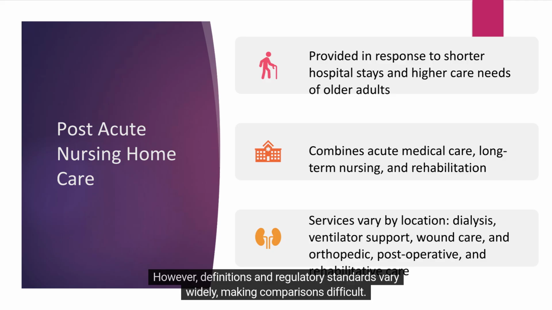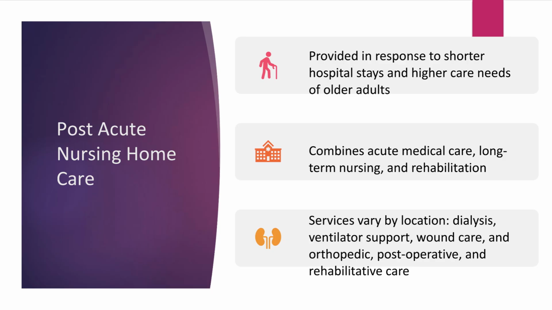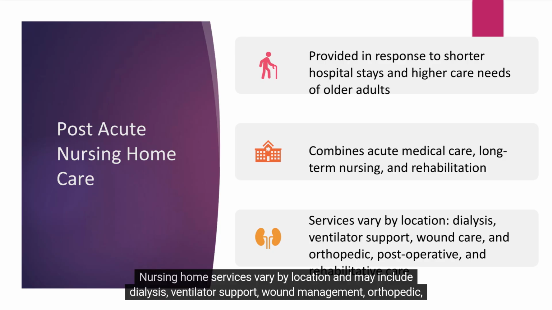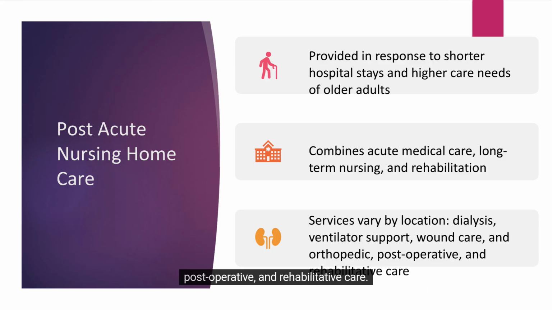However, definitions and regulatory standards vary widely, making comparisons difficult. Post-acute nursing home care combines acute medical care, long-term nursing, and rehabilitation. Nursing home services vary by location and may include dialysis, ventilator support, wound management, orthopedic, post-operative, and rehabilitative care.